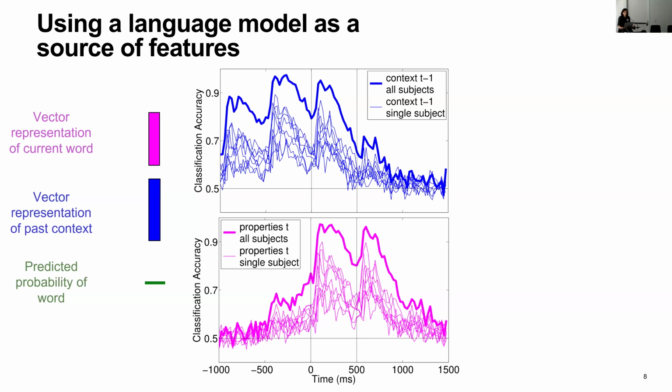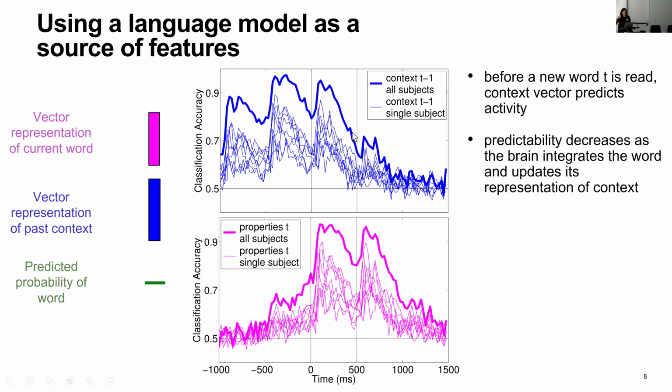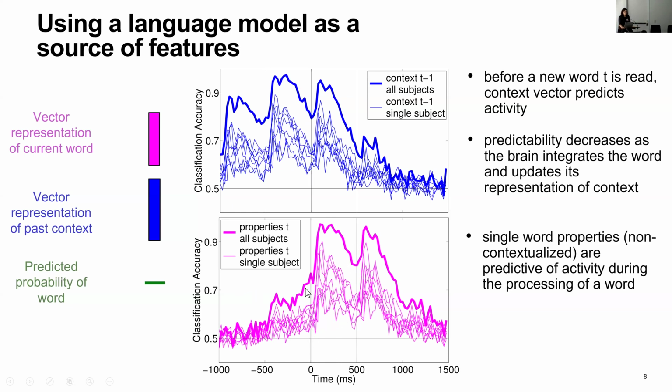So for instance, for the context vector, we see that it predicts the brain activity very well before the word is read, which makes sense. This context vector is related to information that happened before the current word. But once the word is read and afterwards, this predictability just goes down and it's not able to predict the brain activity anymore, which makes sense because the brain is updating its representation of context. And then when we use the vector related to the current word, which happens here at time 0, we're able to predict the brain activity well before the word is on the screen, probably related to some correlations between successive words.